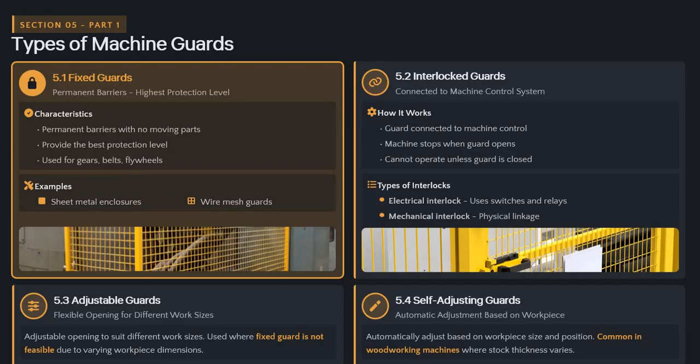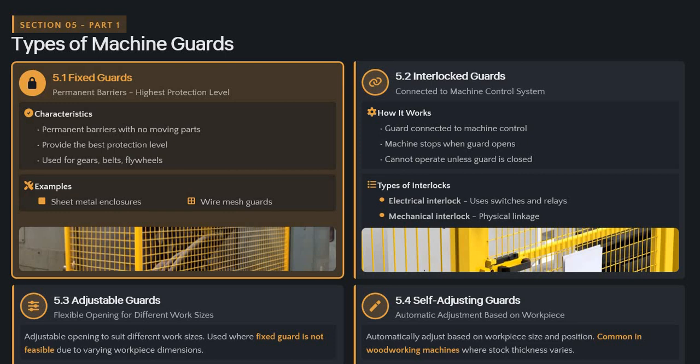Going forward, there are four types of machine guarding: fixed guards, interlock guards, adjustable guards, and self-adjusting guards.